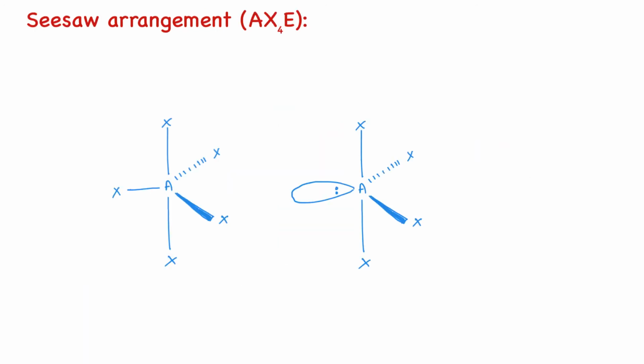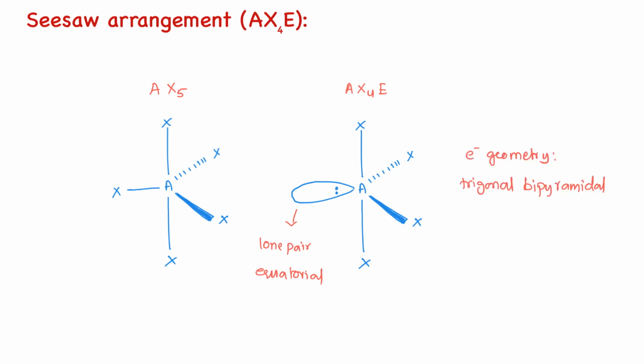If one of the bond pairs is replaced with a lone pair, we get AX4E type molecules. As discussed earlier, the lone pair occupies an equatorial position. The electron geometry is still trigonal bipyramidal.